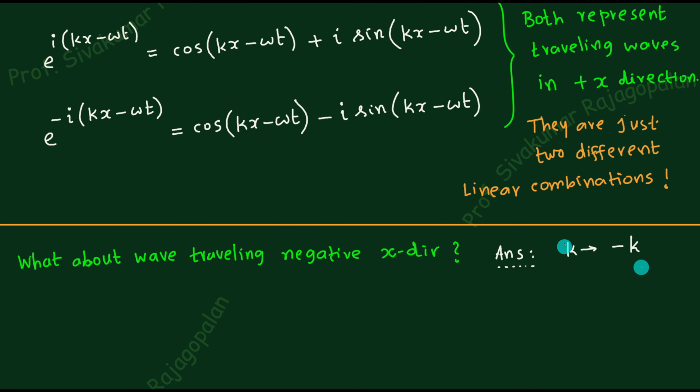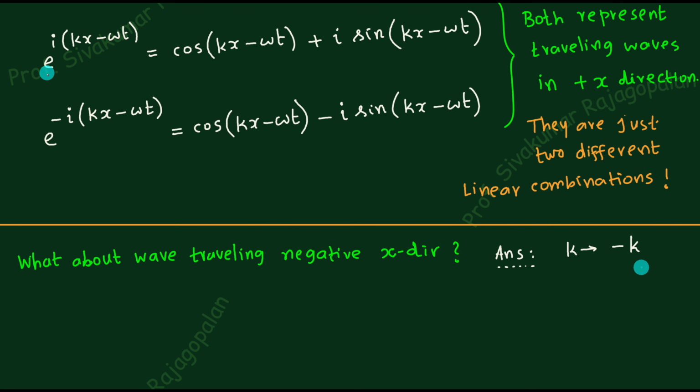If k is your original direction, then after replacing with minus k, that will represent a wave propagating in the opposite direction. Now in this one, it is traveling in the positive x direction. Therefore, after making the substitution, the wave will be propagating in the negative x direction. So that point is clear, right?